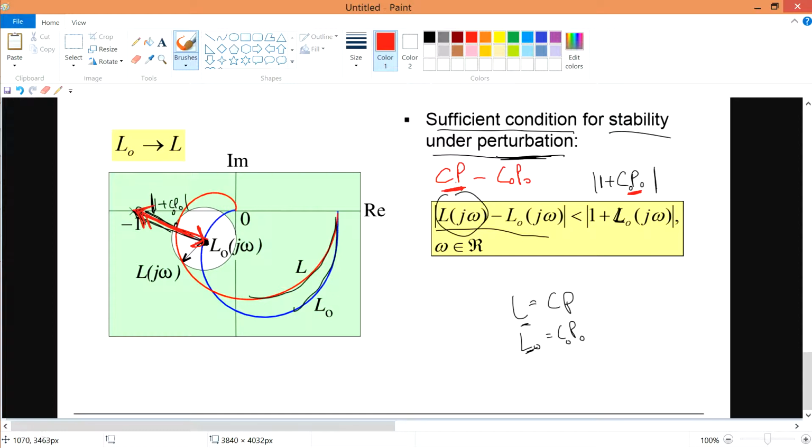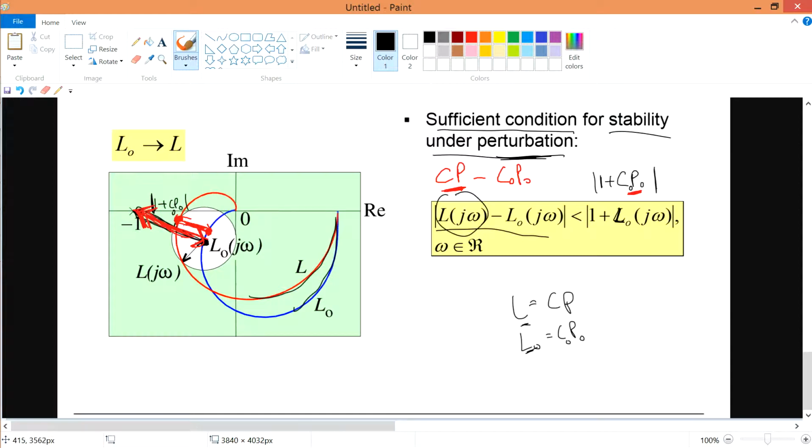CP is simply the curvature, simply this curvature over here. It's simply this loop itself. So this equation is telling us that if I take CP, which is this red line, minus away this C naught P naught, this difference must not be greater than this 1 minus CP.